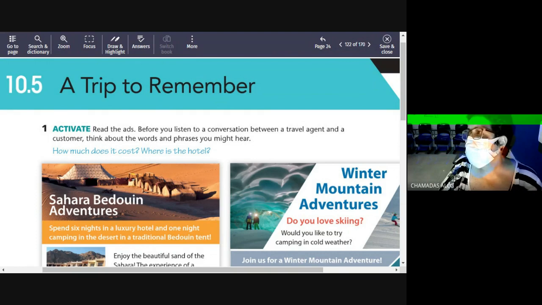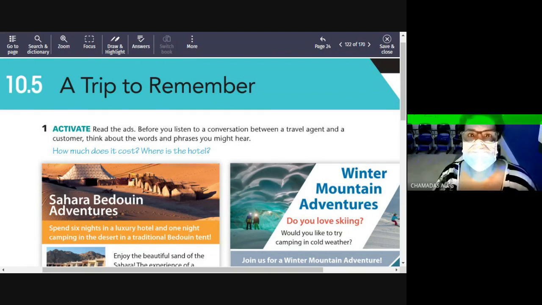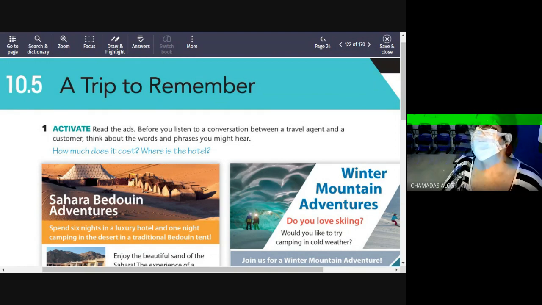This is the book, White Eagle 1, page 122. Okay, 122. So come with us. Let's travel together. Read the ads before you listen to a conversation between a travel agent and a customer.